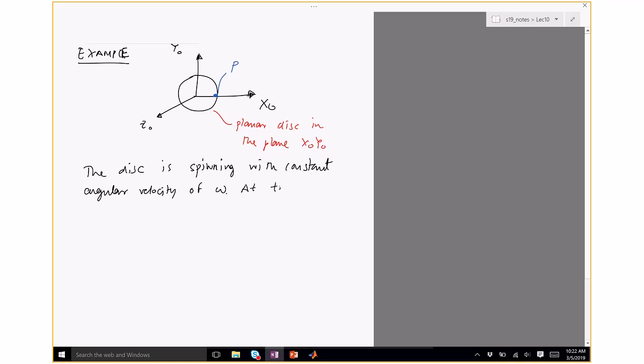At time t equals 0, the point P is at a distance, let's call that A, along the x axis.